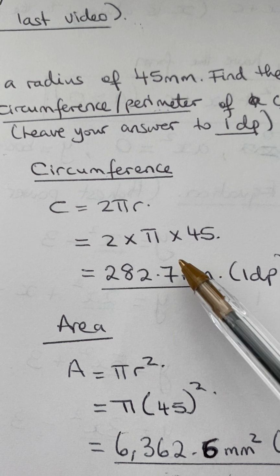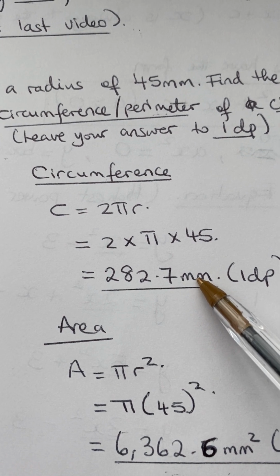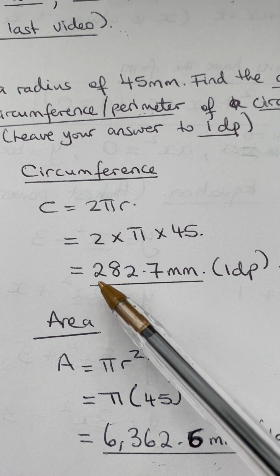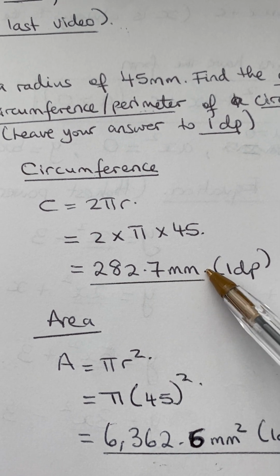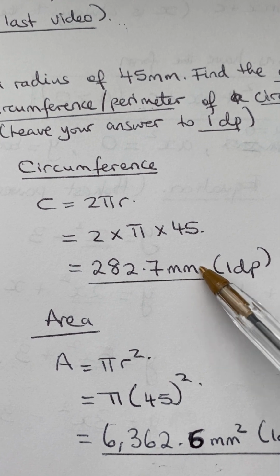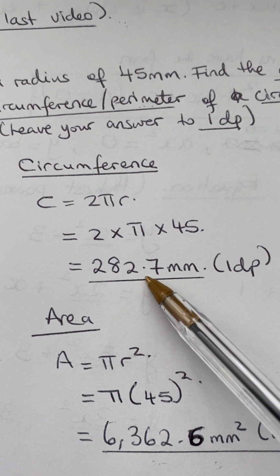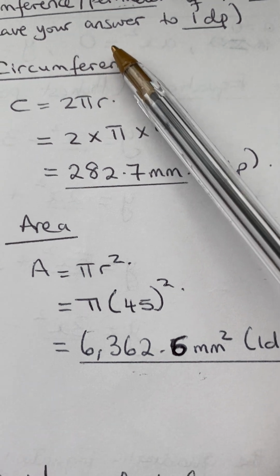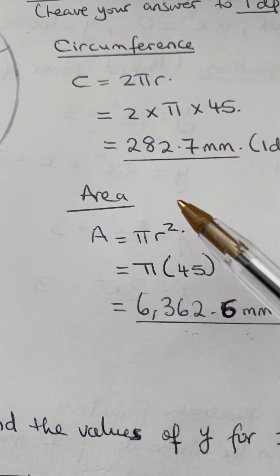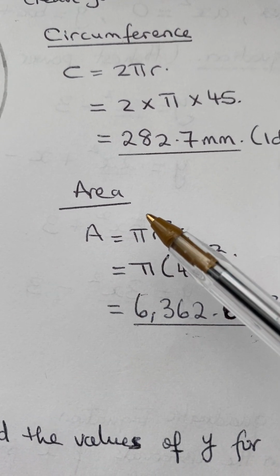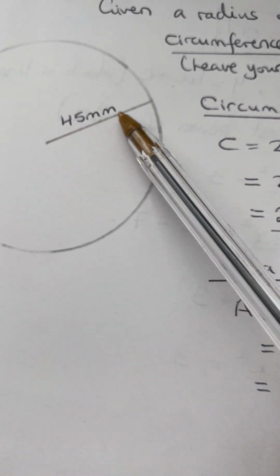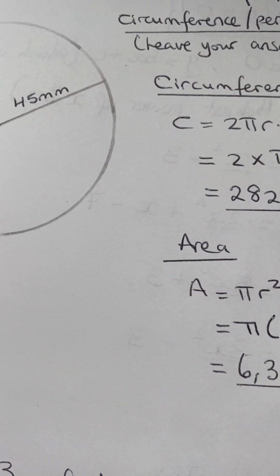It is circumference, so millimeters. Leave your answer to one decimal place, so that is one decimal place: 282.7 millimeters.